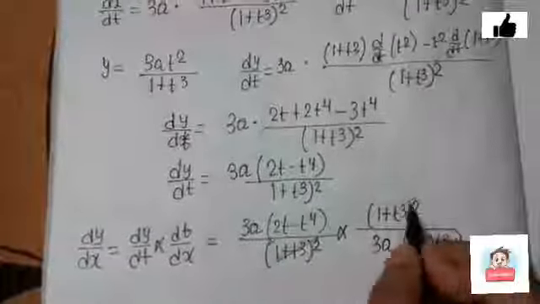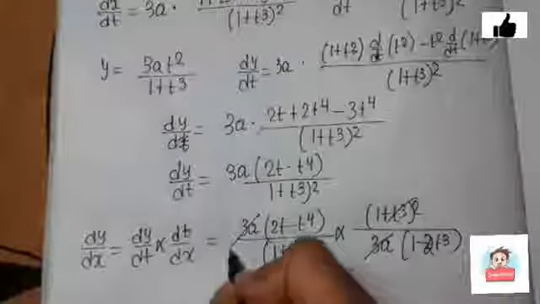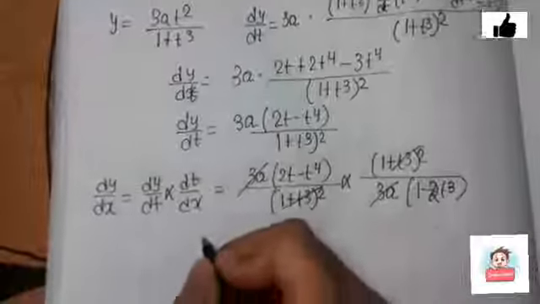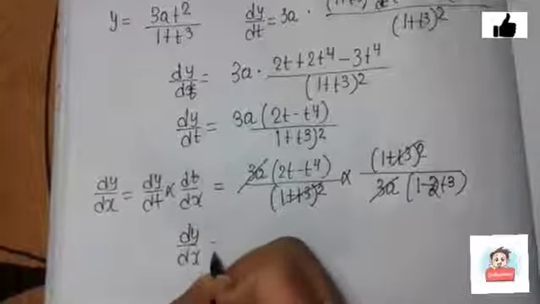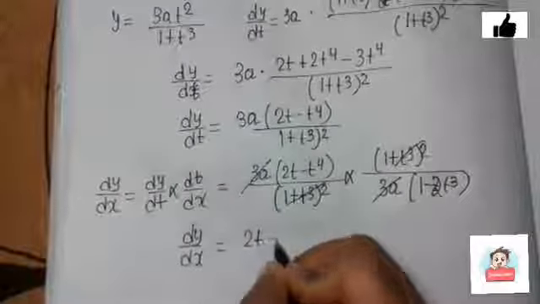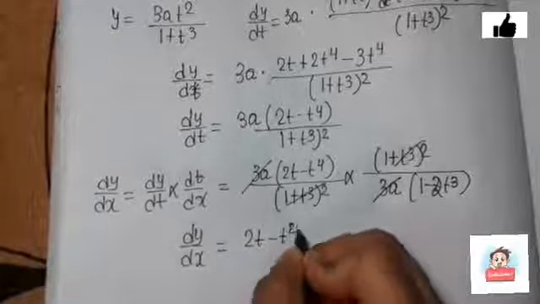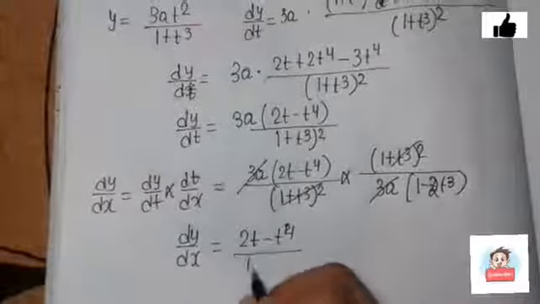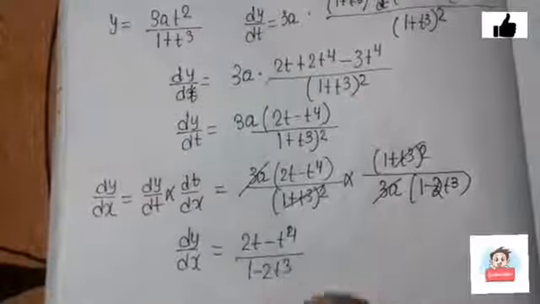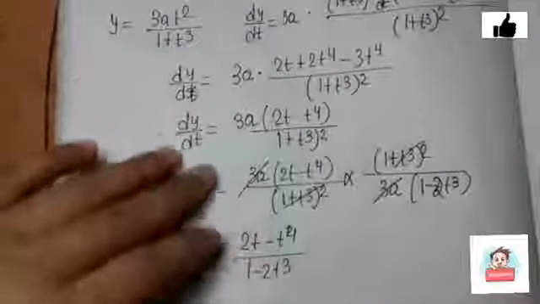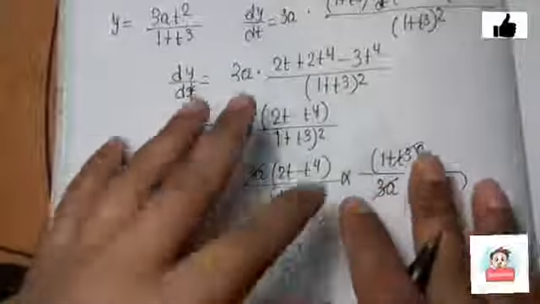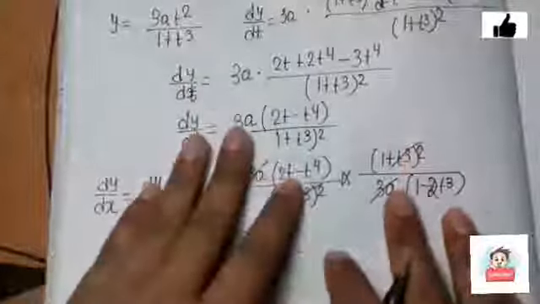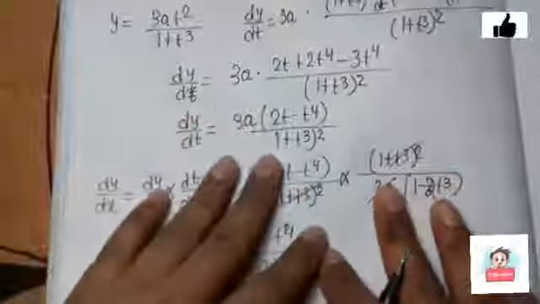Now this gets cancelled, this cancels, this cancels. The answer left is dy by dx equals 2t minus t to the power 4, whole divided by 1 minus 2t cubed. I know that I have taken a lot of your time, but this sum is very important in the chapter. You need to understand how it came, the answers, everything.